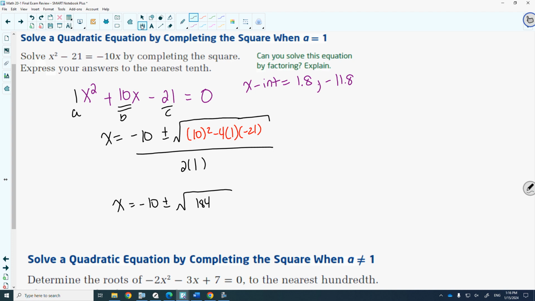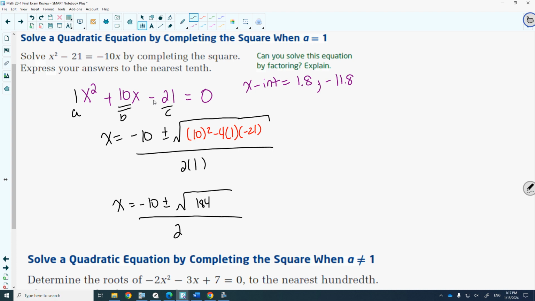So 10 squared minus 4 times 1 times negative 21. Yeah. Okay, all over 2. What would you do to that square root of 184? If they wanted the x-intercepts, let's say they didn't want any rounded answer, but simplified, what would you do?